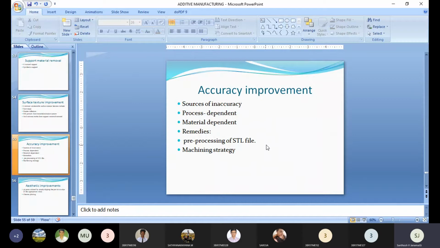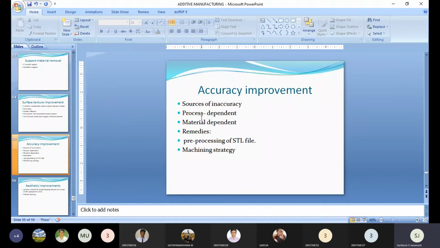Suppose the customer finds there is dimensional inaccuracy, surface inaccuracy, and structure inaccuracy, or the overall aesthetic look of the 3D product is not good. Then we need to find out what the sources are that generate the inaccuracy.